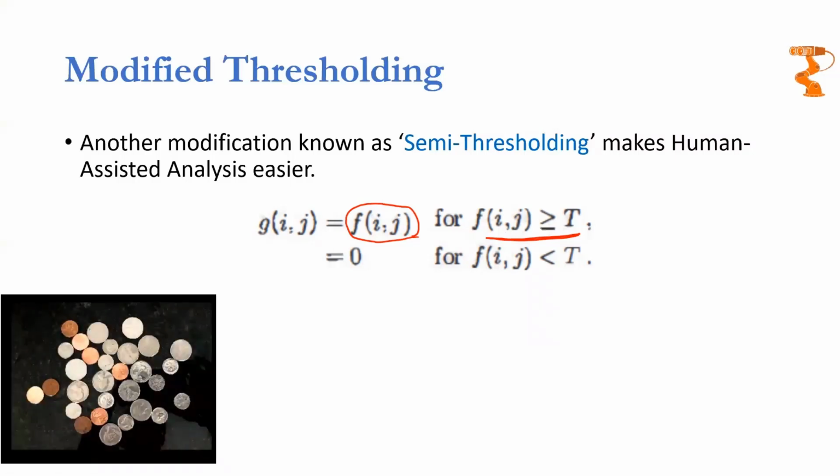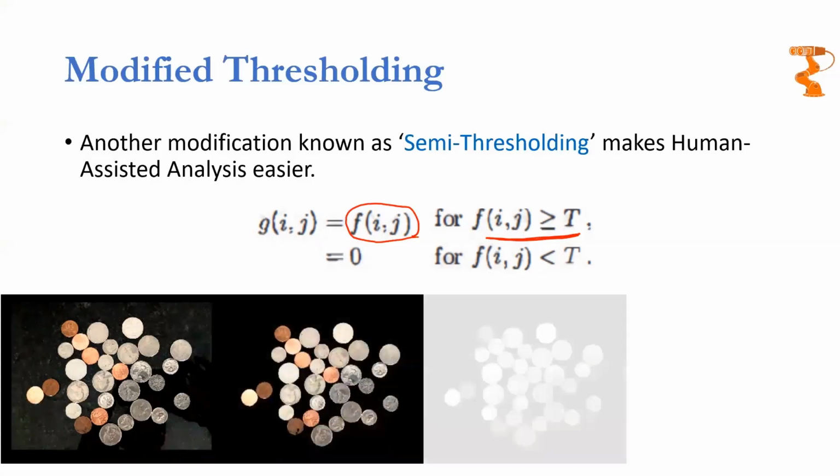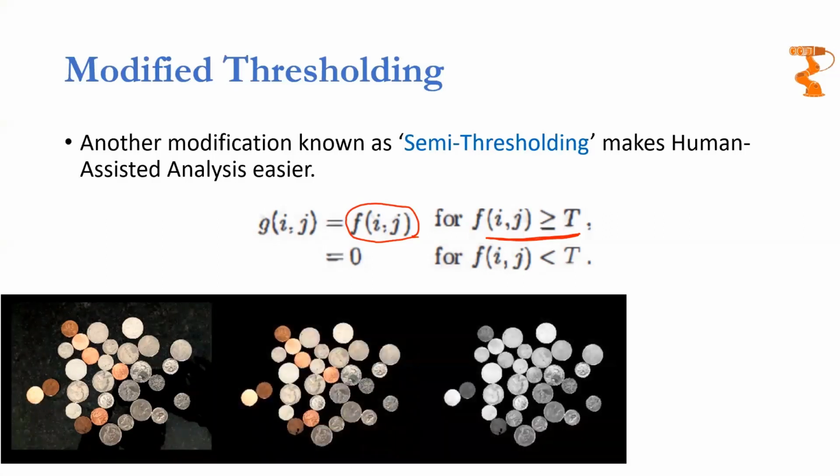For example, this is a colored image and you want to apply semi-thresholding to it. This is the result. This one is the grayscaled version of the original image. How can you achieve this? You can see that over here everything is black, but the coins are in their original gray levels.